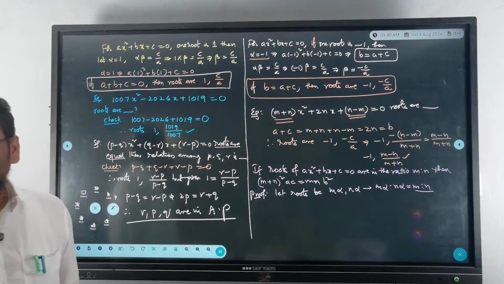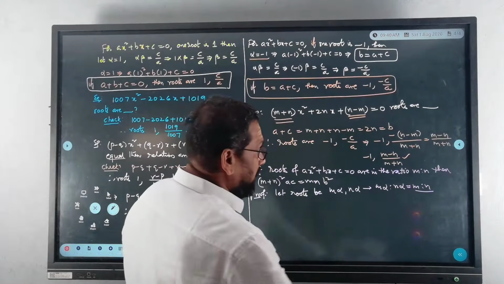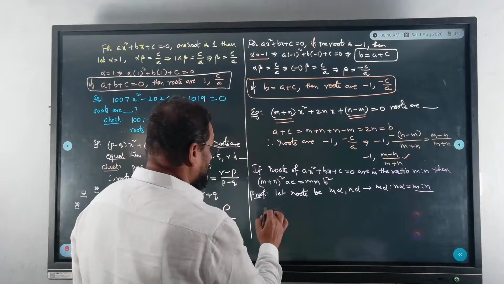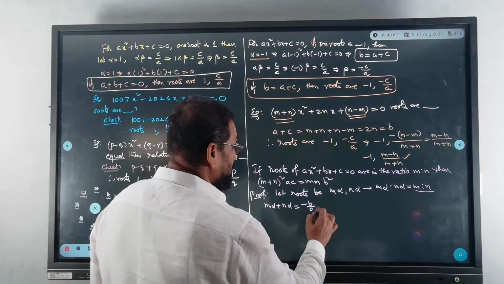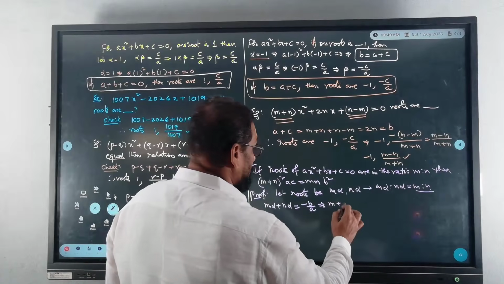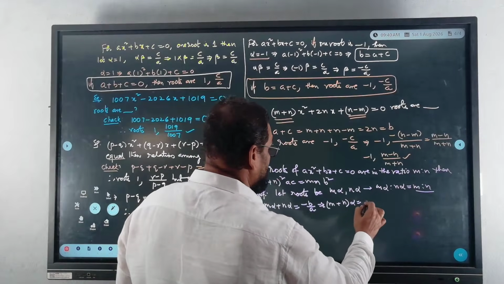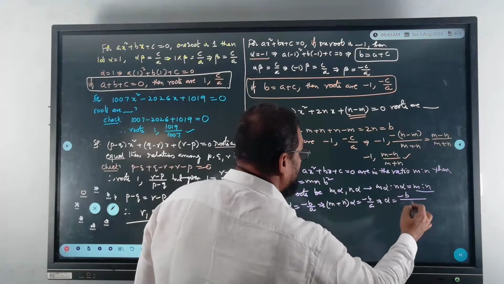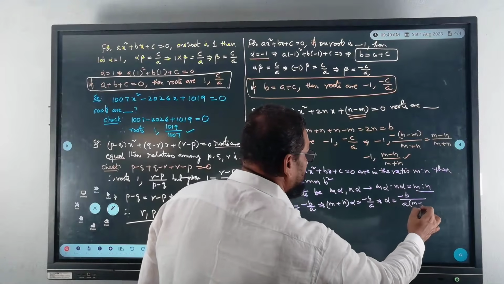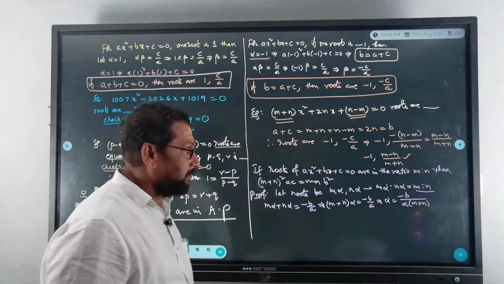Roots are m alpha, n alpha because their ratio is m is to n. Now m alpha plus n alpha is equal to minus b by a. So m plus n times alpha is equal to minus b by a. So alpha is equal to minus b by a times m plus n.